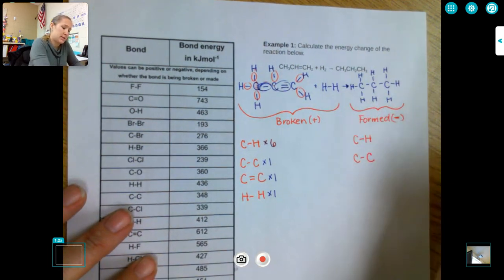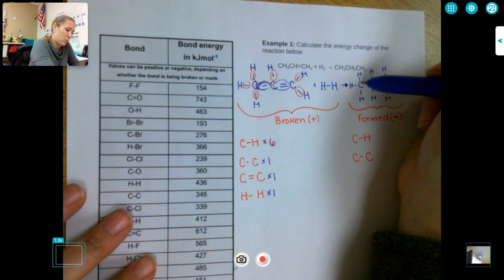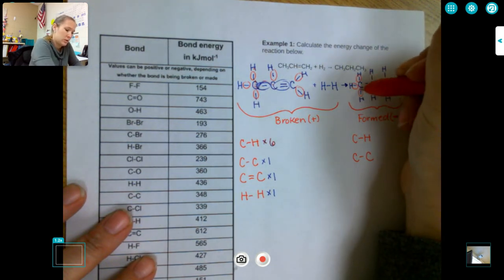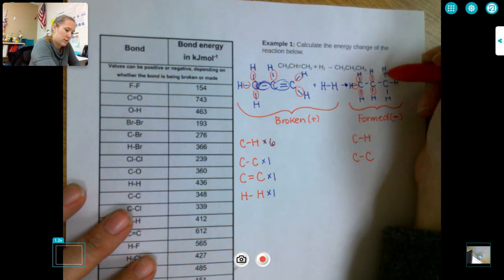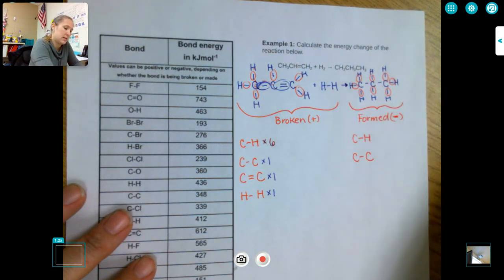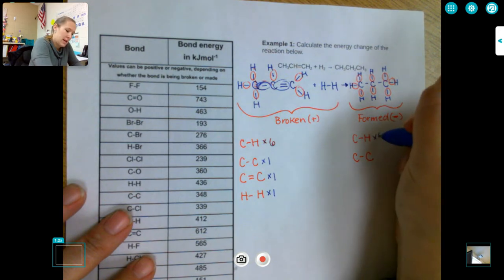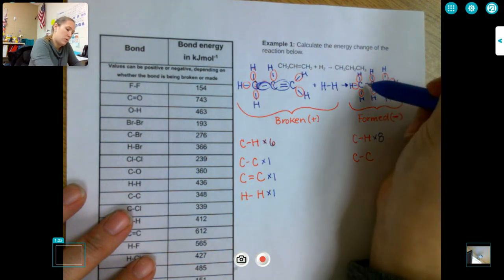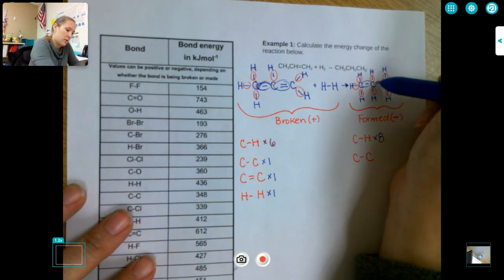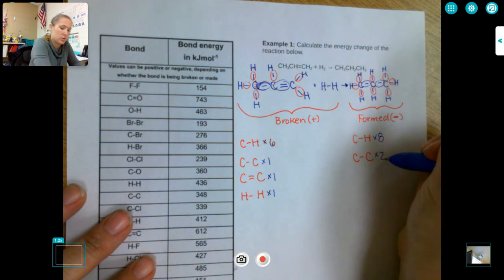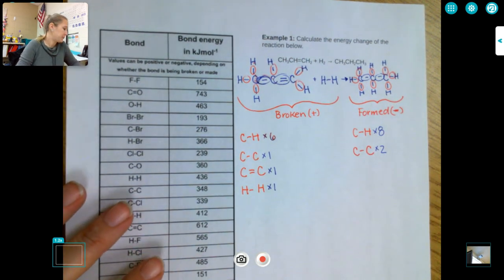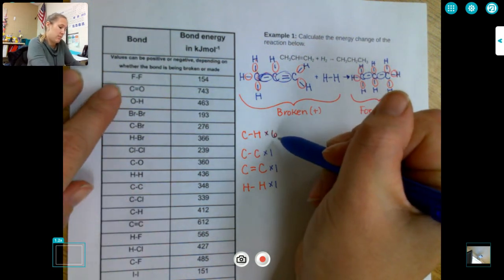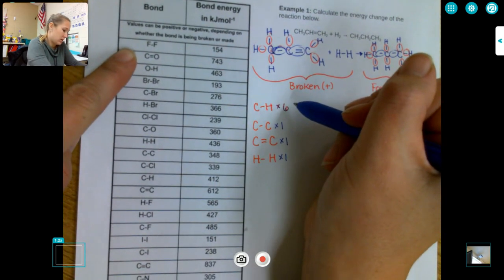In my product, in terms of carbon-hydrogens, I have 1, 2, 3, 4, 5, 6, 7, 8. So there are 8 carbon-hydrogen bonds, and I have 1 carbon-carbon here, 1 here. So 2 carbon-carbon bonds.